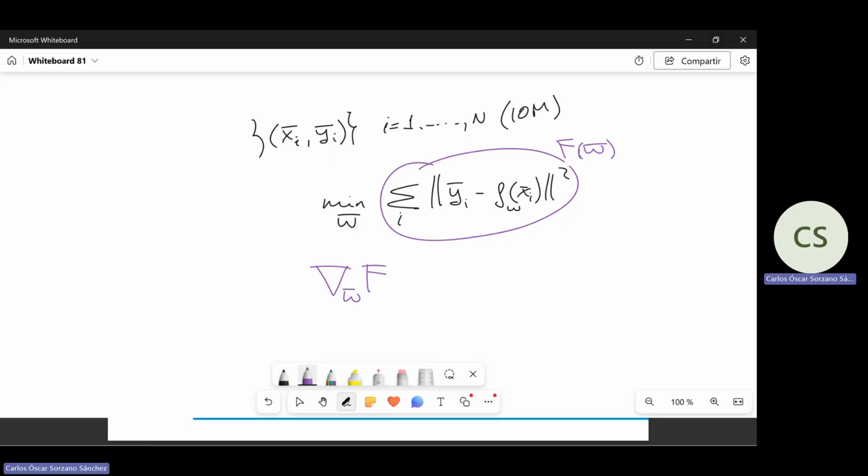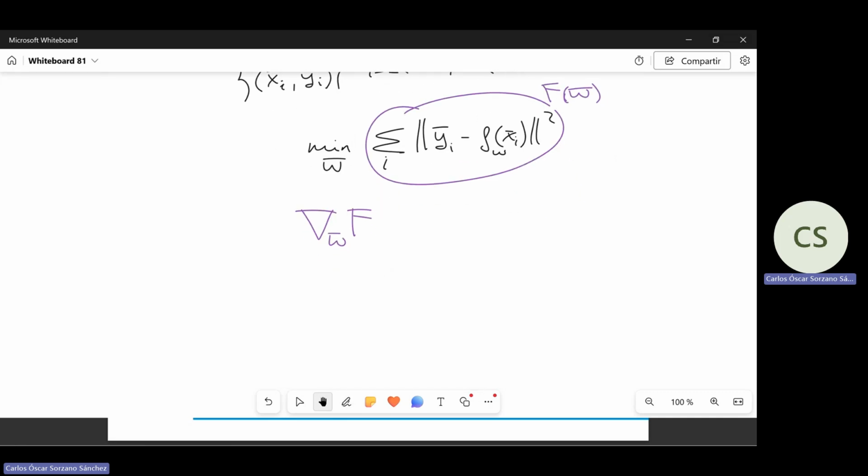What if I take a random subset, let's say 1,000 points, and evaluate the function with just 1,000 of them instead of 10 million? And these 1,000 are random. So this is a noisy version.